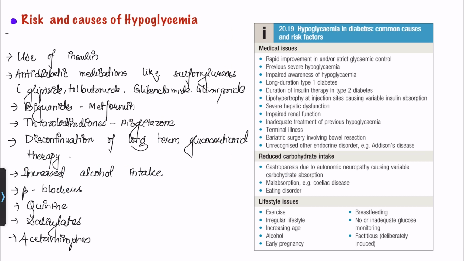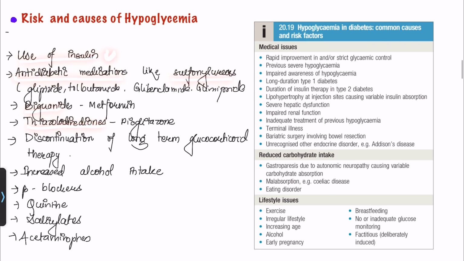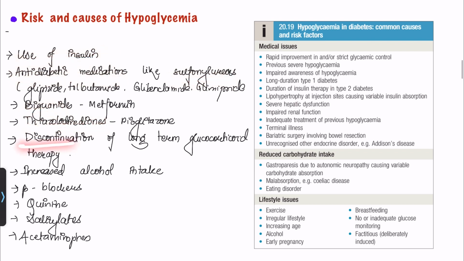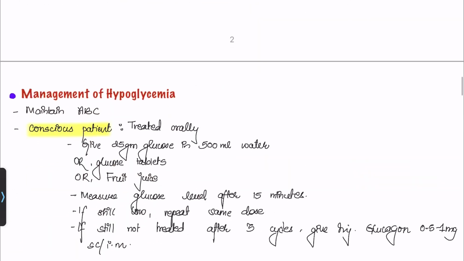Hypoglycemia usually occurs with the use of insulin or anti-diabetic medication like sulfonylureas, biguanides, or thiazolidinediones, or in a person who has discontinued long-term glucocorticoid therapy, or with increased alcohol intake, or use of beta blockers, quinine, salicylates, and acetaminophen.